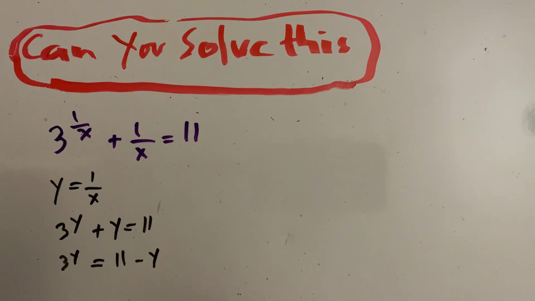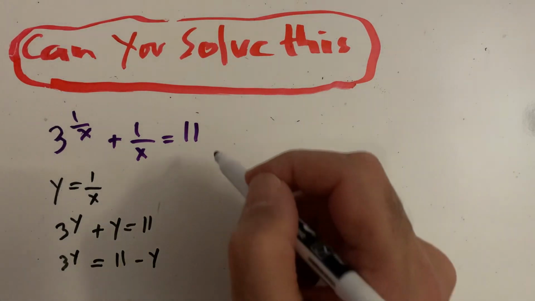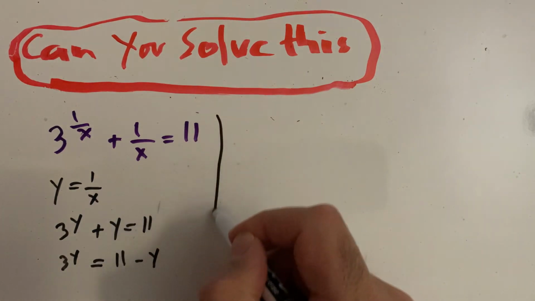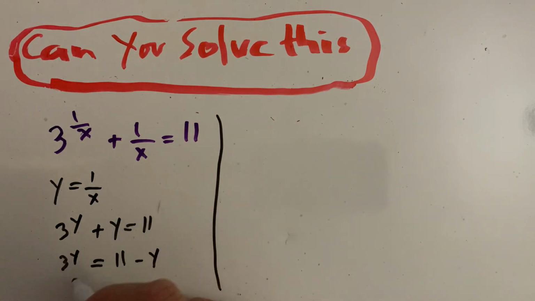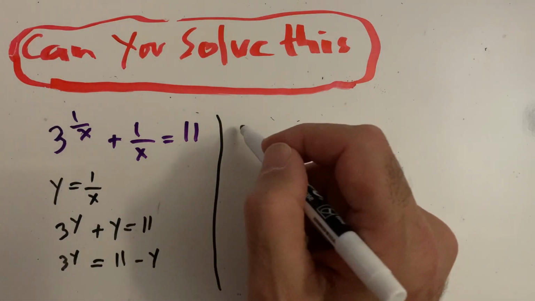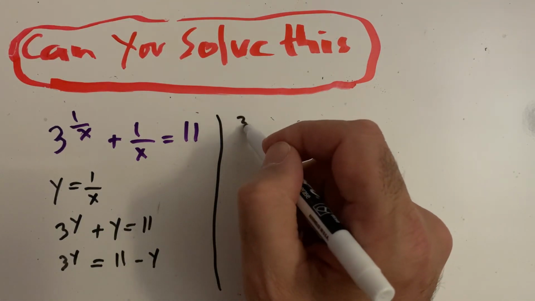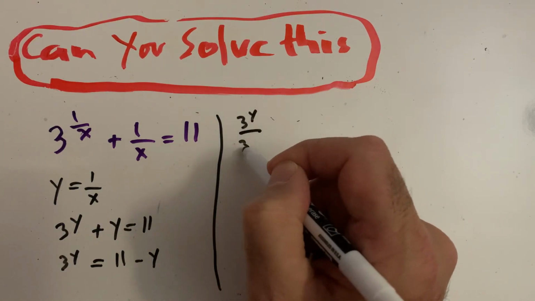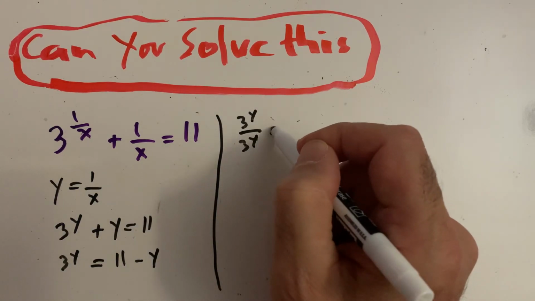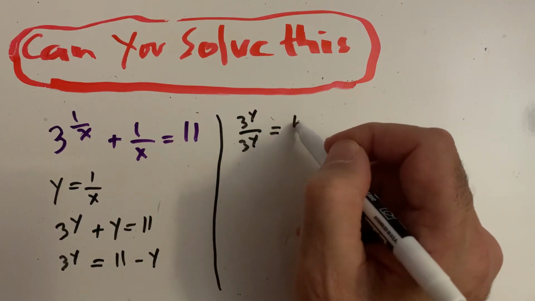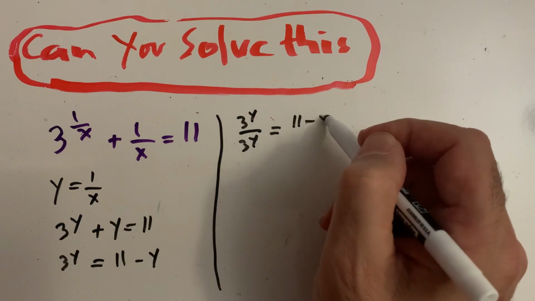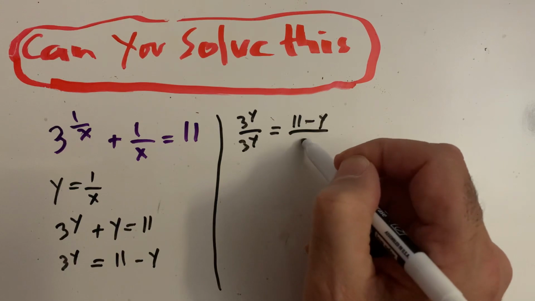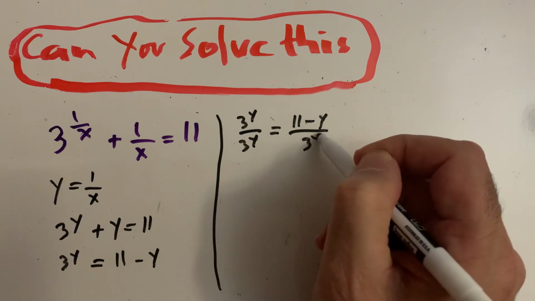Okay, now the next thing we do is divide by 3 to the y, so that on the left hand side we have 3 to the y divided by 3 to the y, and on the right hand side you have 11 minus y divided by 3 to the y.